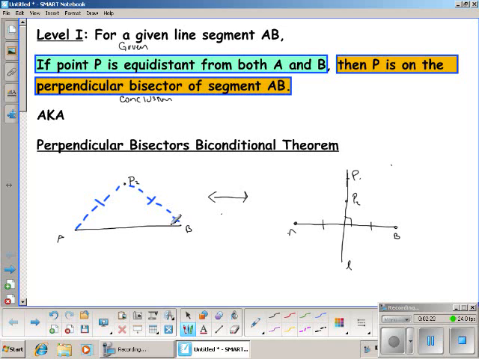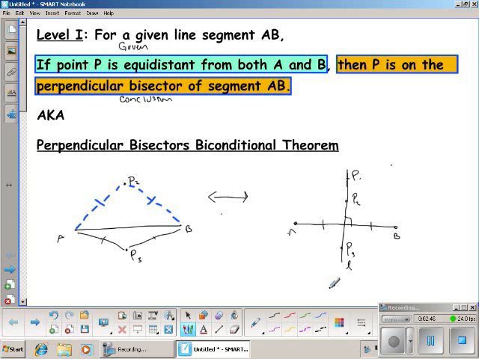Flip it around, if I pick a point P, as long as I pick it so that it's equidistant to B and to A, equidistant of course meaning equal distance, I know that P has to be then on the perpendicular bisector. Hence, biconditional. It's true no matter which part you actually start with, which is something we've toyed with in the past, but never really went much in depth with it.